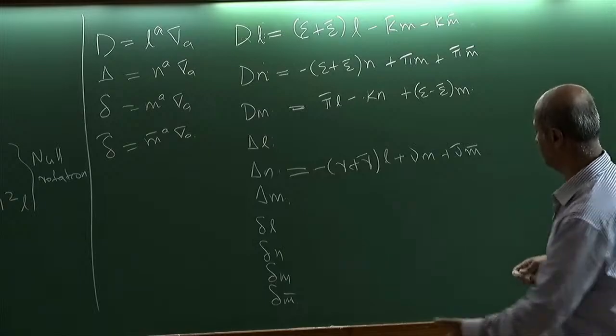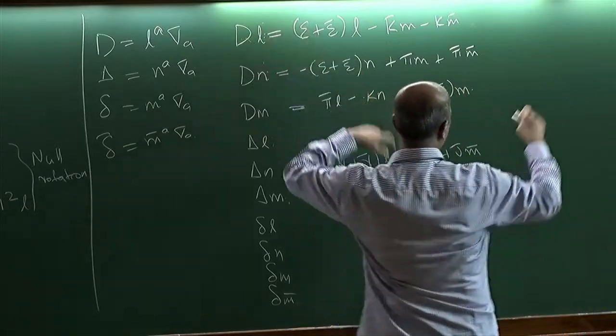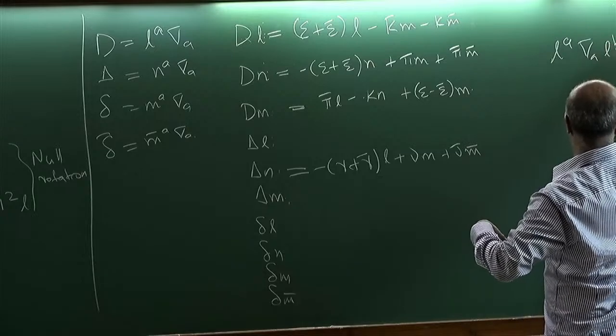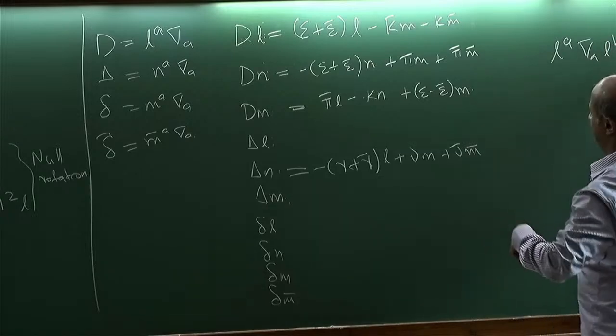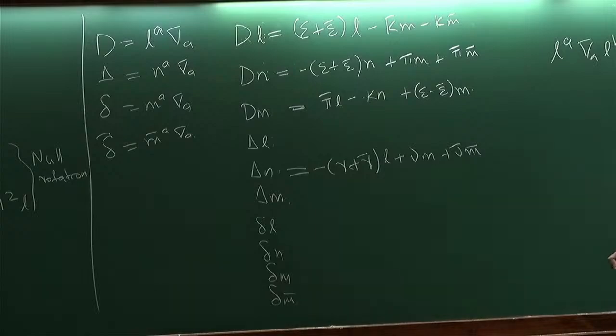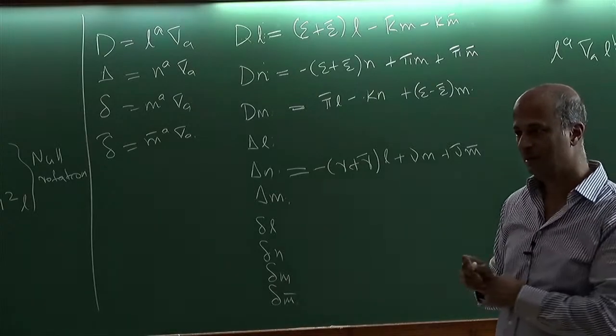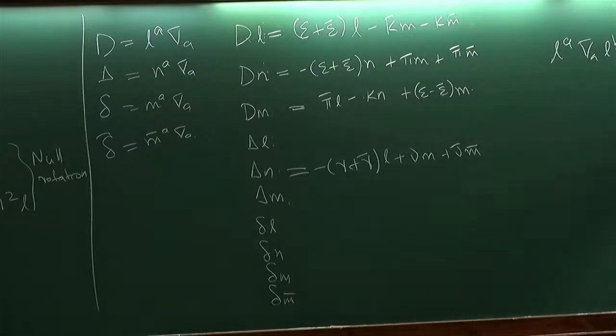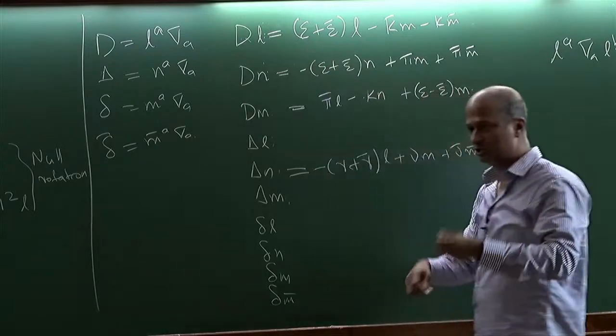And also you notice that this in index notation is simply saying that L^A grad_A L_B equals something times L plus other things, right? So if L were to be geodesic, then all these other things have to vanish. And not only that, this quantity epsilon plus its complex conjugate has to be the acceleration.